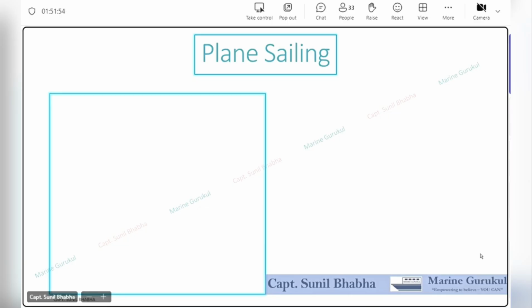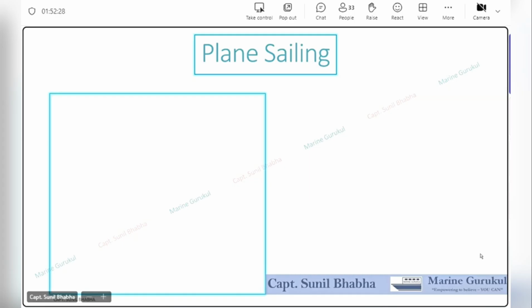All these sailing methods, the Rumline sailing methods, parallel sailing, plain sailing, Mercator sailing, as well as great circle sailing and composite sailing, basically allow us to calculate the course as well as the distance between any two positions on the surface of Earth. So in plain sailing, we basically involve our initial and final positions in making a right angle triangle, and when we solve that right angle triangle, we obtain the course and distance.